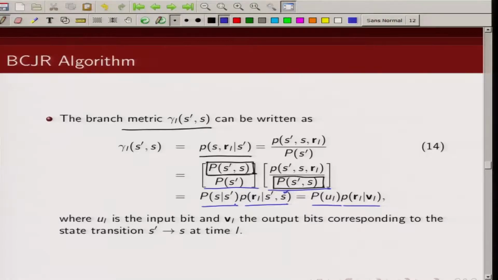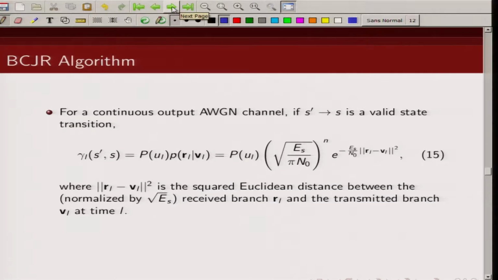So, what does gamma depend on? It depends on the a priori probability of U L, and it depends on this likelihood function, the probability of R L given V L. Now, if we consider an additive white Gaussian noise channel, we can write this probability of R L given V L in this particular fashion.